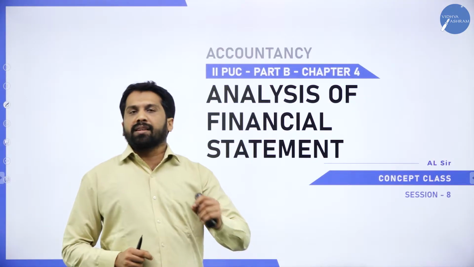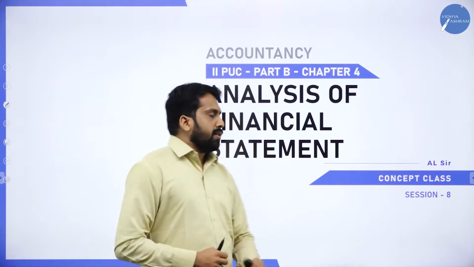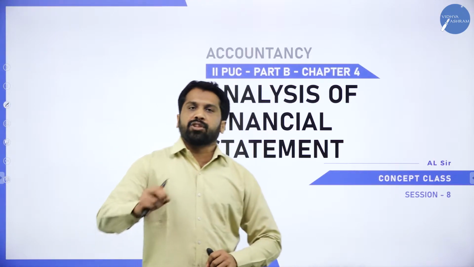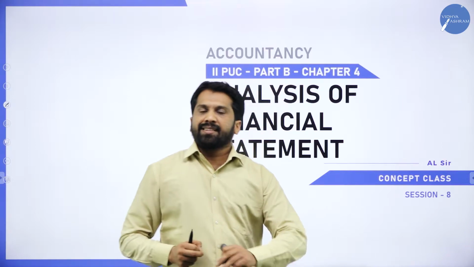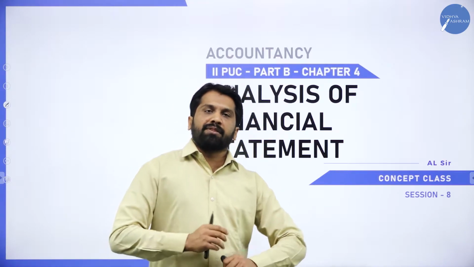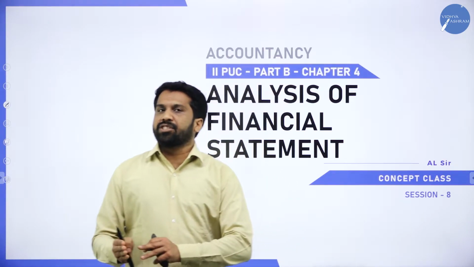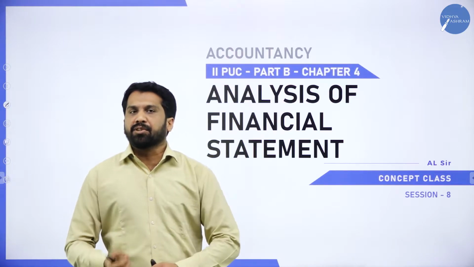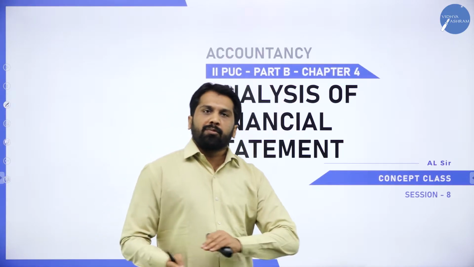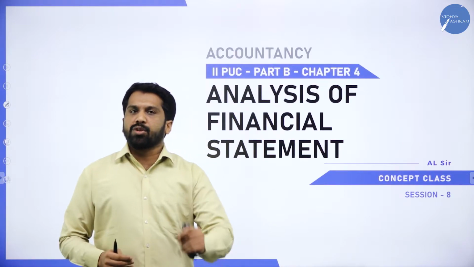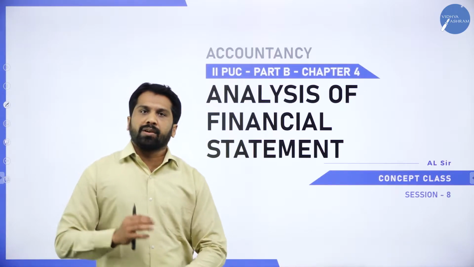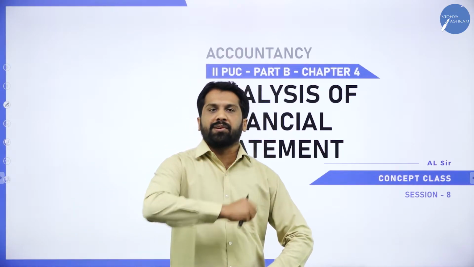Today we are doing one important problem on analysis of financial statement of profit and loss account. The problem we are going to discuss is a past year question paper problem, and you will get one homework on this. Please concentrate.